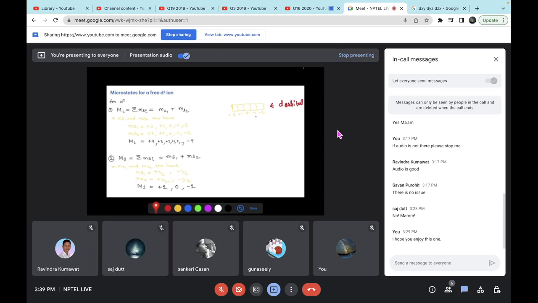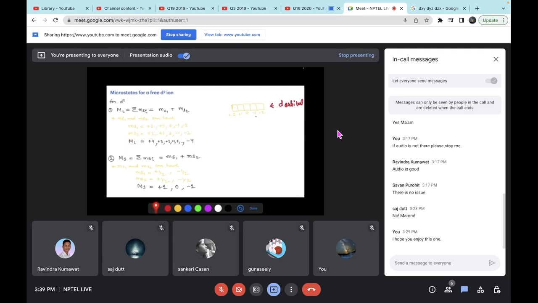So we need to find ML and MS and then the corresponding quantum numbers, capital L and capital S. ML for d2 is simply the summation of ml1 plus ml2. ml1 can have a value from plus 2 to minus 2, and ml2 again plus 2 to minus 2.